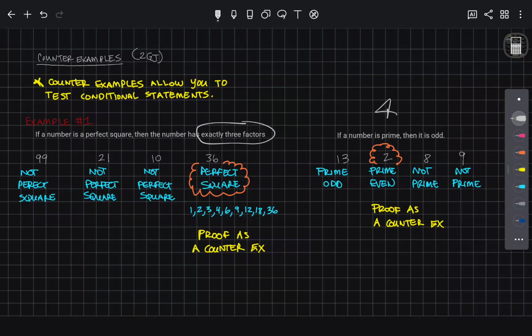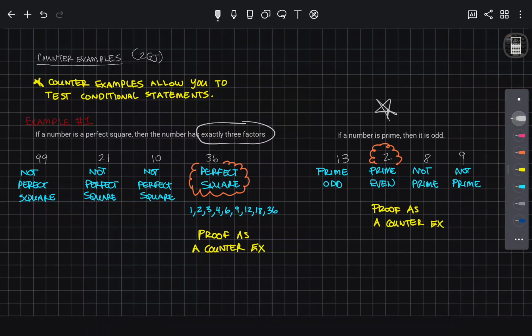Take a look at the next one. If a number is prime, then it's odd. Okay. Well, 13 is prime and it's odd. Okay, sounds good so far. 2, that's prime and an even number. Okay, let's just hold on to that. 8 is not prime and 9 is not prime. So if 13 and any other prime number you can think of, 17, oh man, it's odd. 23, oh, that's odd.